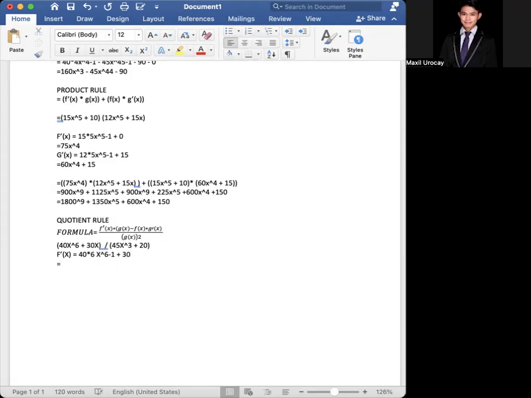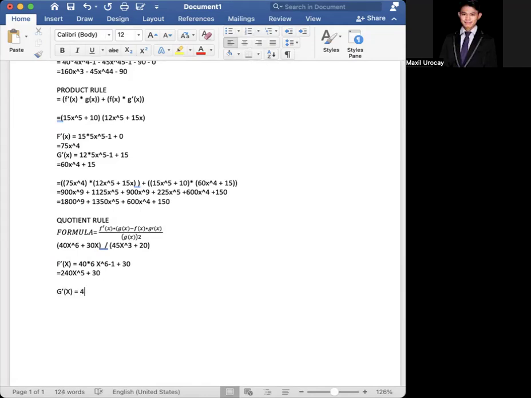So it will become 40 times 6, that is basically 240x to the power of 6 minus 1, it will become 5, plus 30. So that is the answer. Now, for the g prime of x, it is something like this.